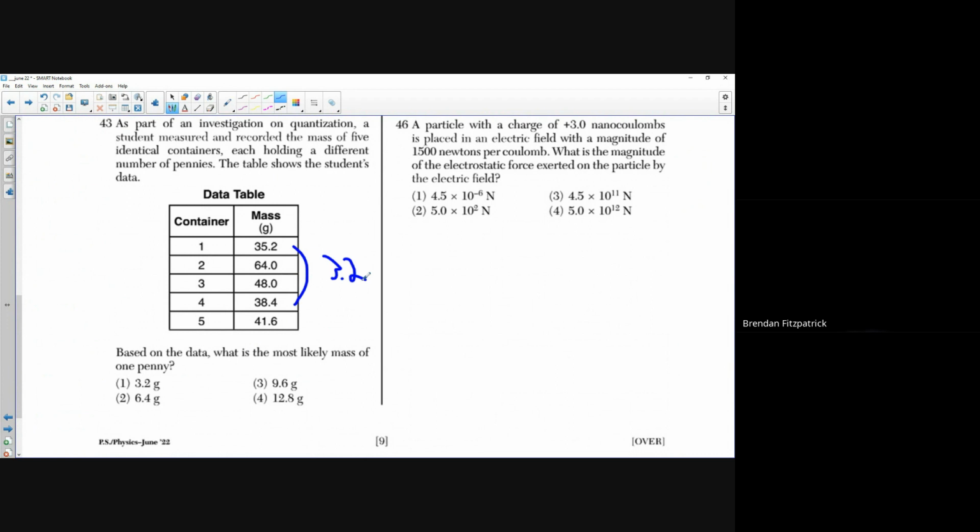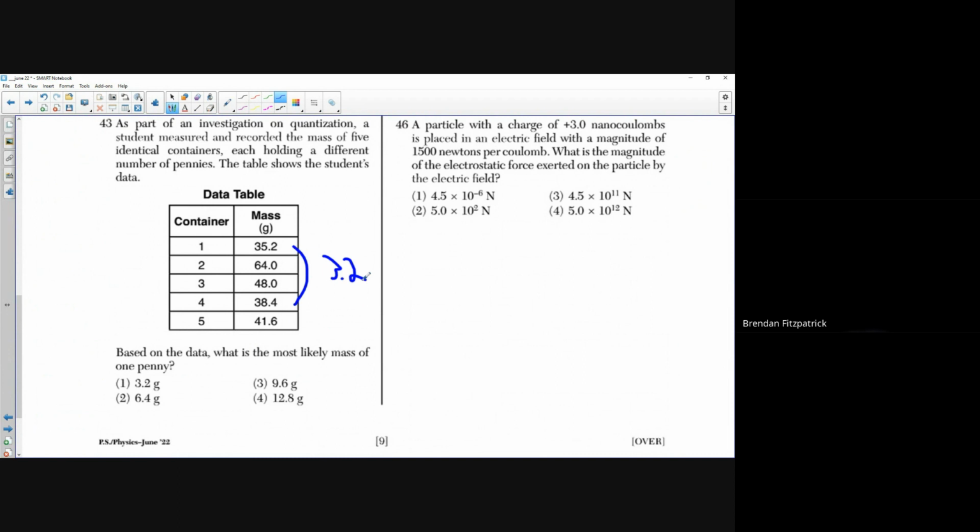What this question is really asking about is the idea of quantization. In this example, you can't have half a penny, similar to how we always talk about how you're not allowed to have half of an electron. What's the smallest amount of charge that you could have? This question is hinting at the idea that there's an amount of mass that equates to 1 penny, and you can't have a fraction of that.